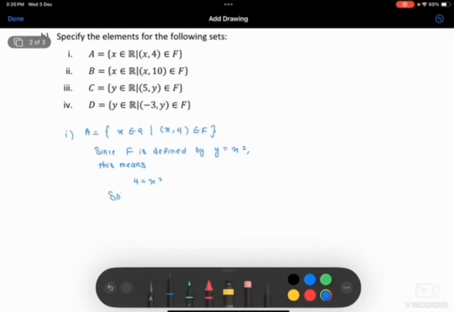So now solving for x equal to plus minus square root 4, which will result in plus minus 2. So the set A is the set whose elements are negative 2 and 2.